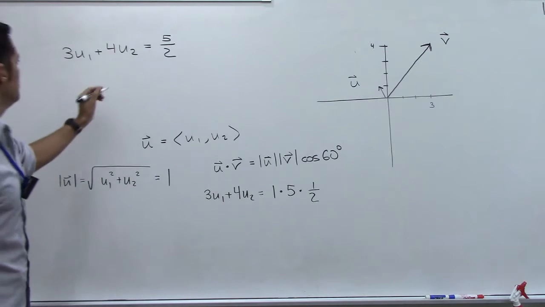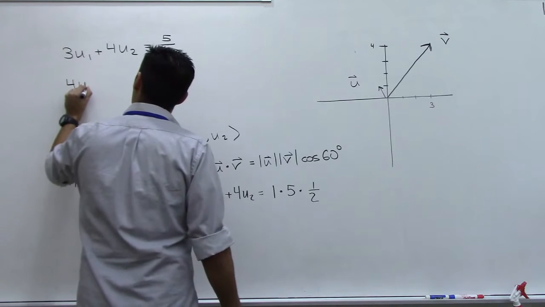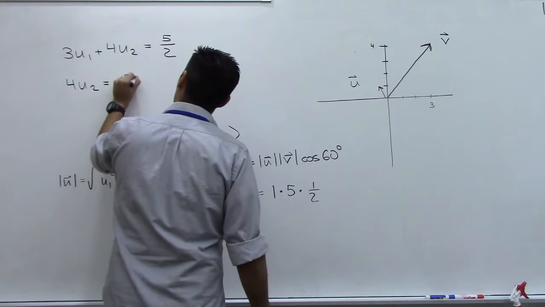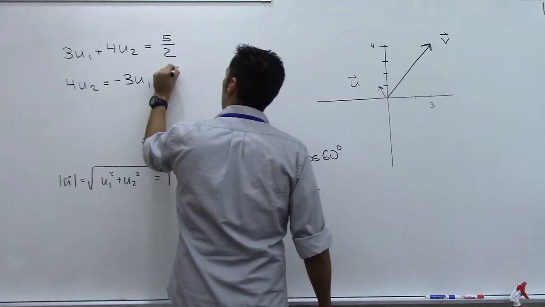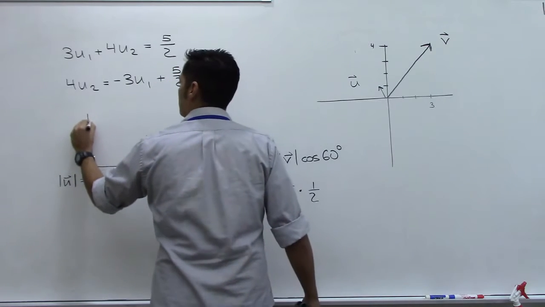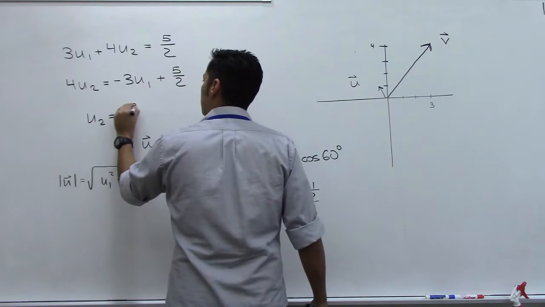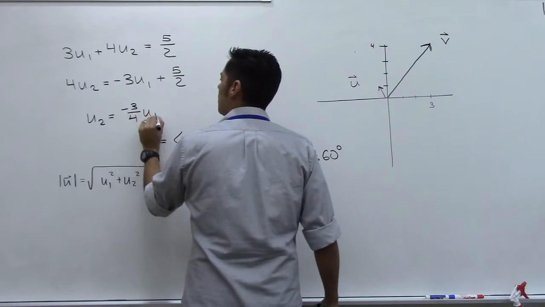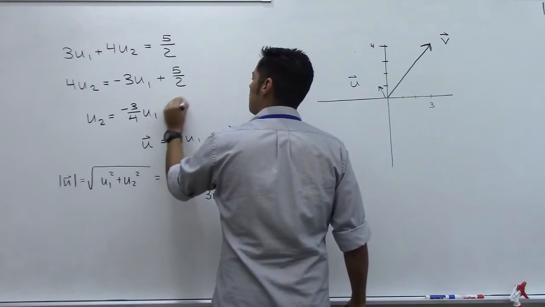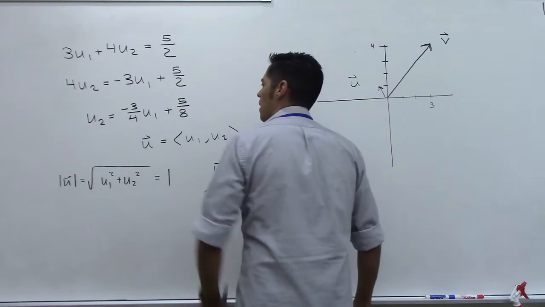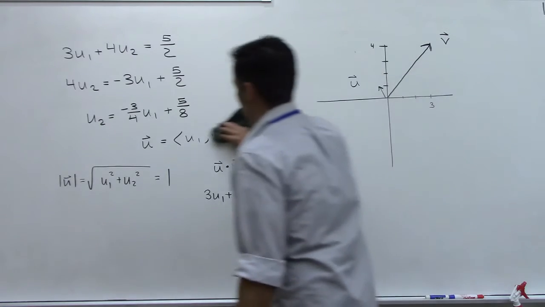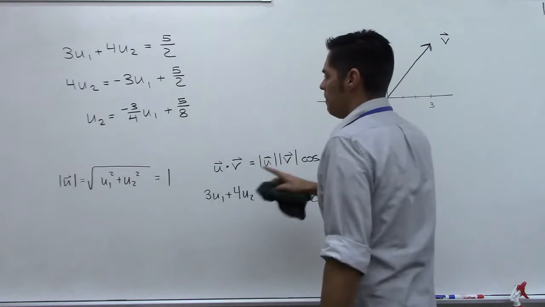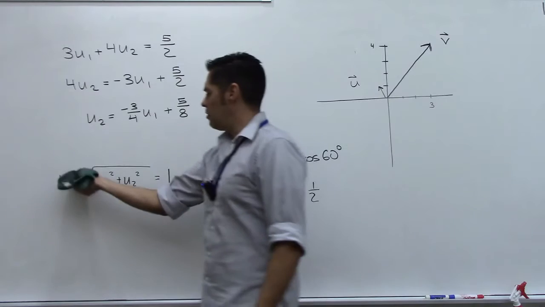So solve this for u2. You get 4u2 equals negative 3u1 plus 5/2, which means that u2 is equal to negative 3/4 u1 plus 5/8. All right. So I'm going to rewrite this equation right here.